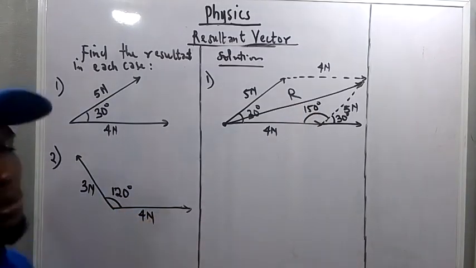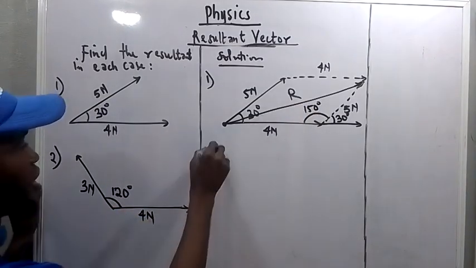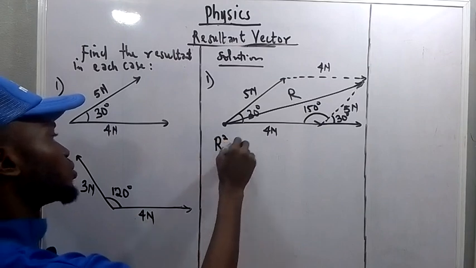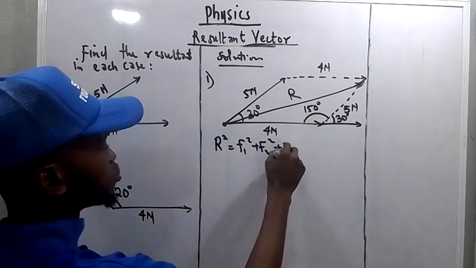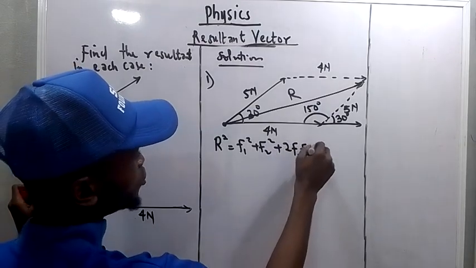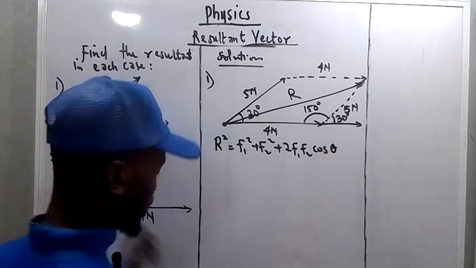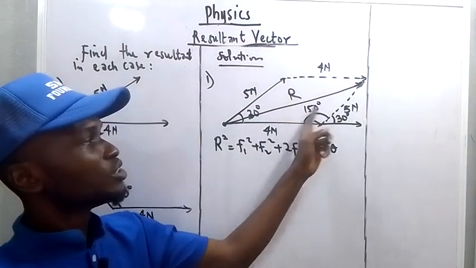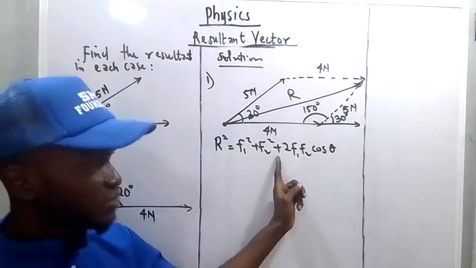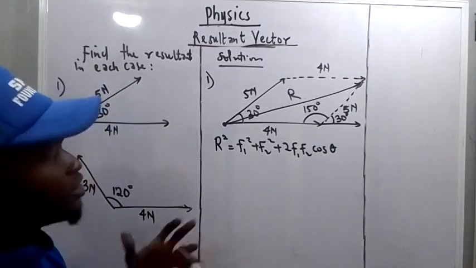Now we can compute the resultant using our formula. R squared equals F1 squared plus F2 squared plus 2 F1 F2 cos theta. If you are using cos of 180 minus theta, which is 150, you can use the 150, but this will be negative so that you can get the same result.